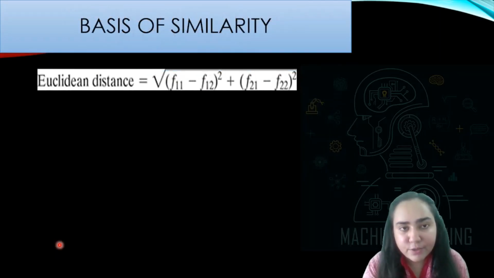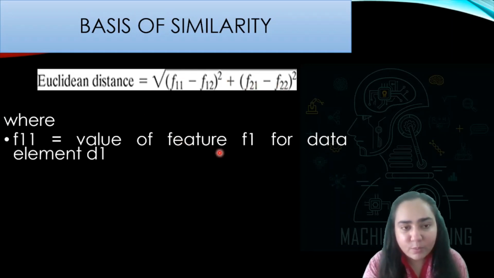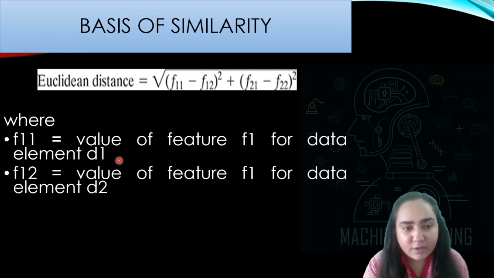To do this, we have to use something called the Euclidean distance, which is the basis of similarity. The formula is: Euclidean distance is equal to the square root of (f11 minus f12) whole square plus (f21 minus f22) whole square. Here, f11 is the value of feature 1 for data element d1, and f12 is the value of feature 1 for data element d2. A feature can be anything like aptitude or communication. A data element is one row of your data set.